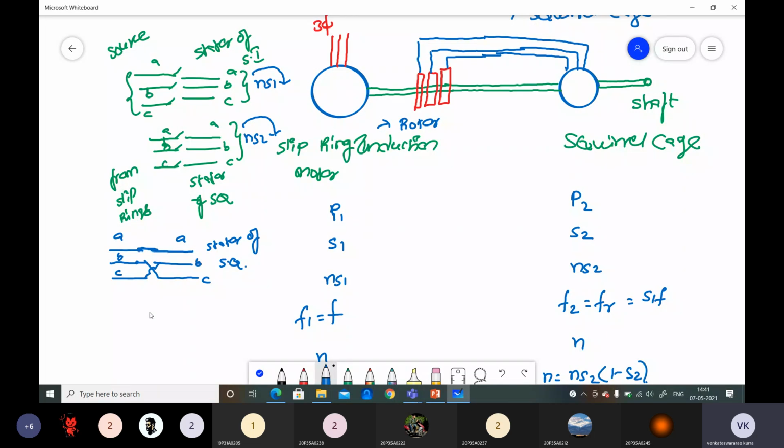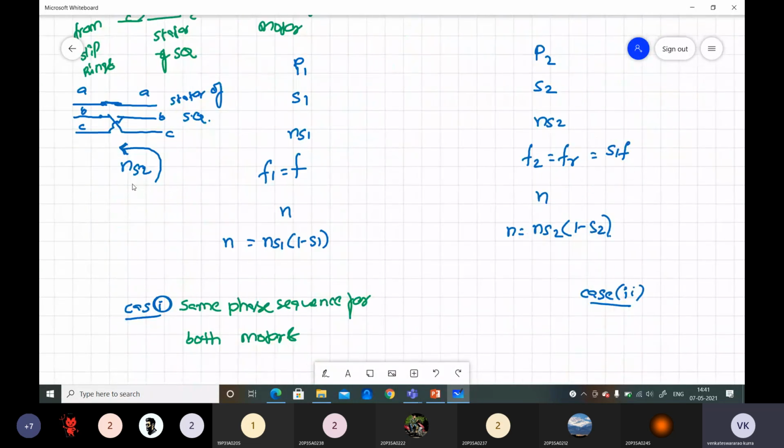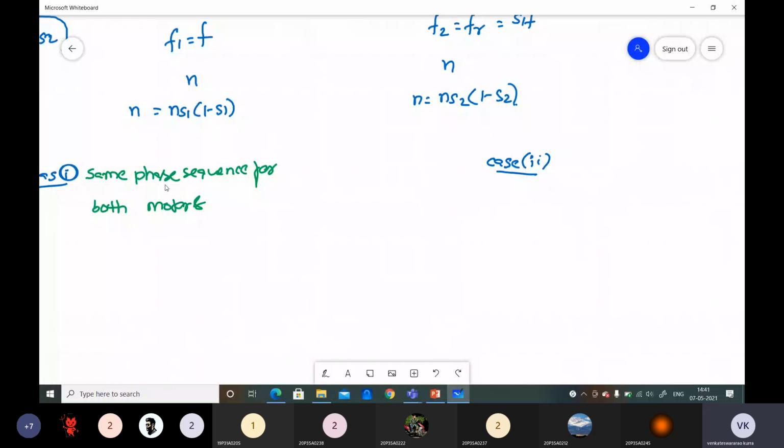Then in this case, the RMF produced in the stator winding rotates in anti-clockwise direction. But in the stator of the slip ring induction motor, the RMF rotates in clockwise direction. This one is a different phase sequence.